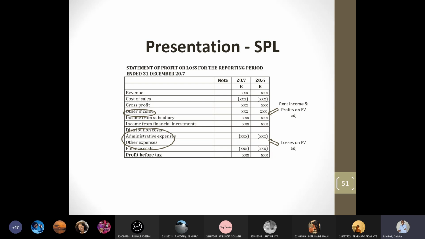One thing that you also need to note is that if the investment property is held under the cost model, you would also show your depreciation included as part of your distribution, administrative, and other expenses.